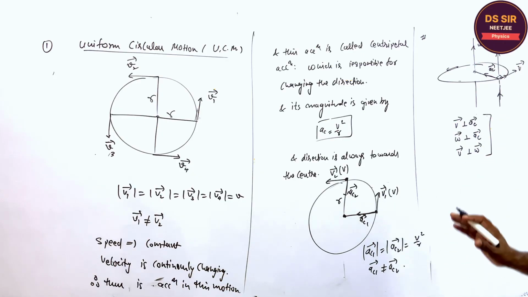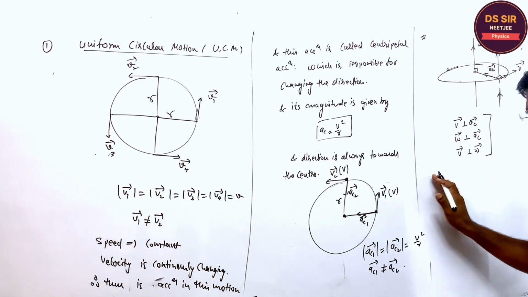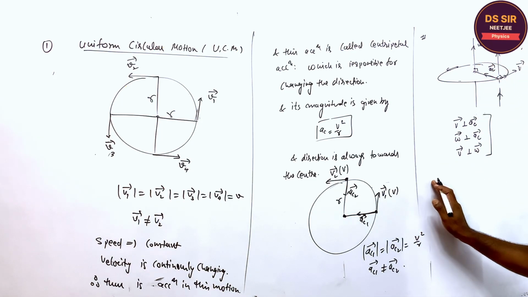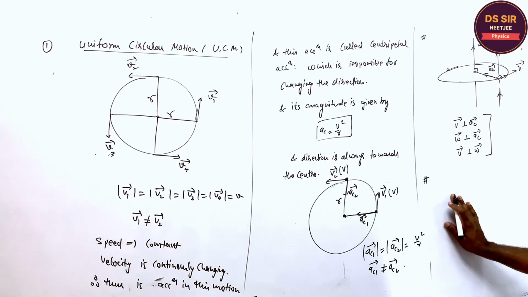Do you understand this direction? Sometimes they ask the angle, but if you don't know the correct relation, you may get confused. Any doubt you want to ask here in this explanation? Is it clear? Right.